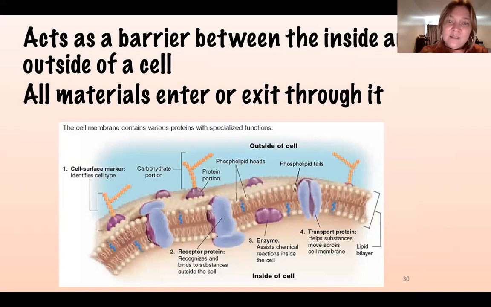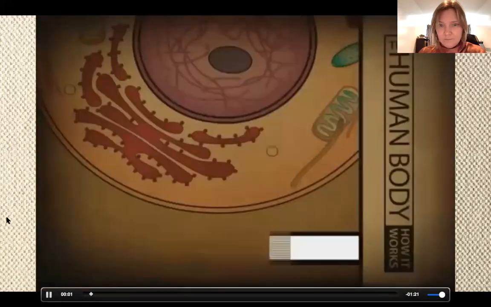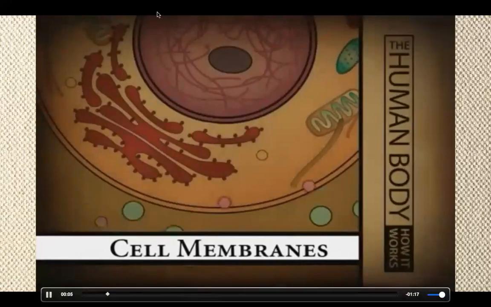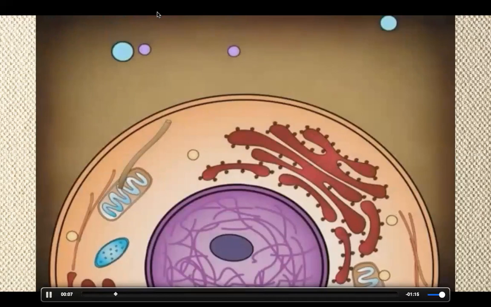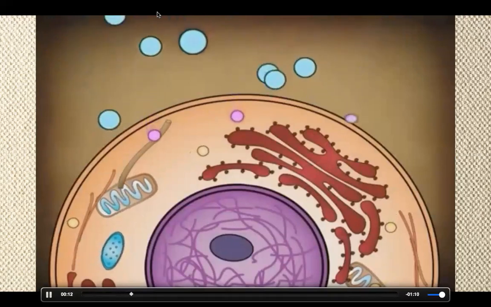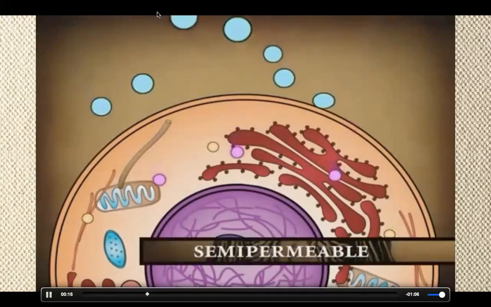And you can see from this diagram that there's a whole lot of structures that make up the plasma membrane, and they each have their own function. Cell membranes have the ability to let some particles pass through, but not others. Because of this characteristic, they are referred to as selectively permeable or semi-permeable.